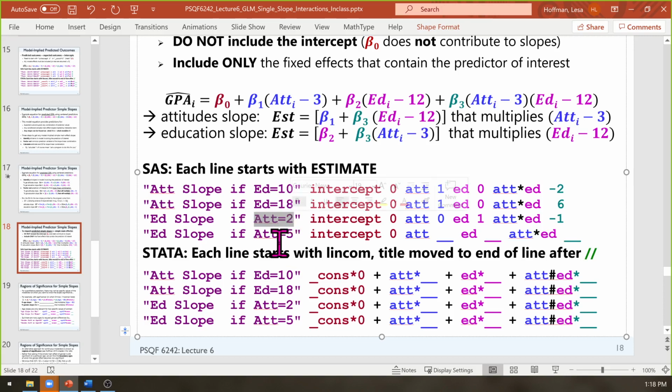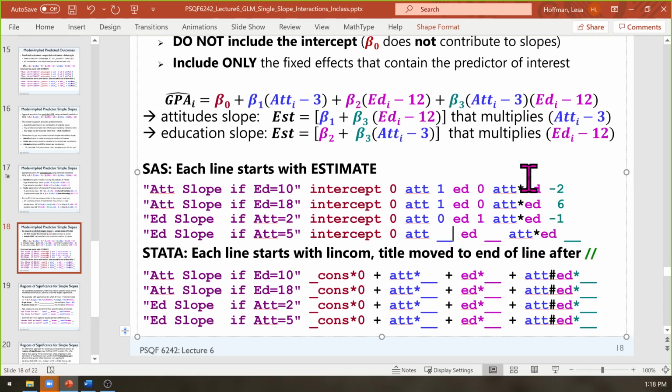But I think what you were implying is that if it was attitudes equals 2, then that would get me to 5. So that may have just been a communication problem. But yeah, if 3 is the anchor point and I want it for someone with 2, then -1 goes here. But the rest of it is spot on.